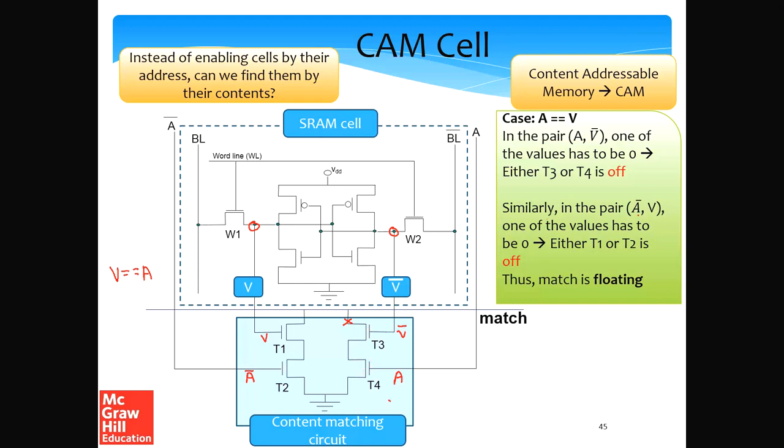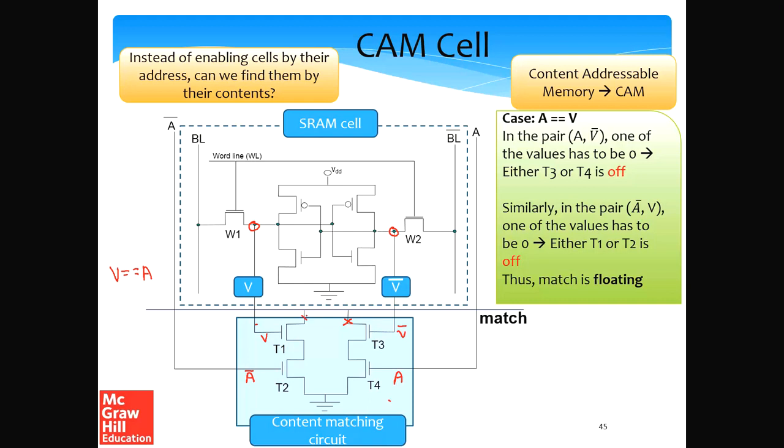Similarly, in the pair A bar and V, one of the values has to be 0. So either T1 or T2, one of them is off. You can find this out using the values. If A is 1, then A bar is 0. If A is 0, then since A is equal to V, V is 0. So one of these values is 0, which means one of T1 or T2 is off.